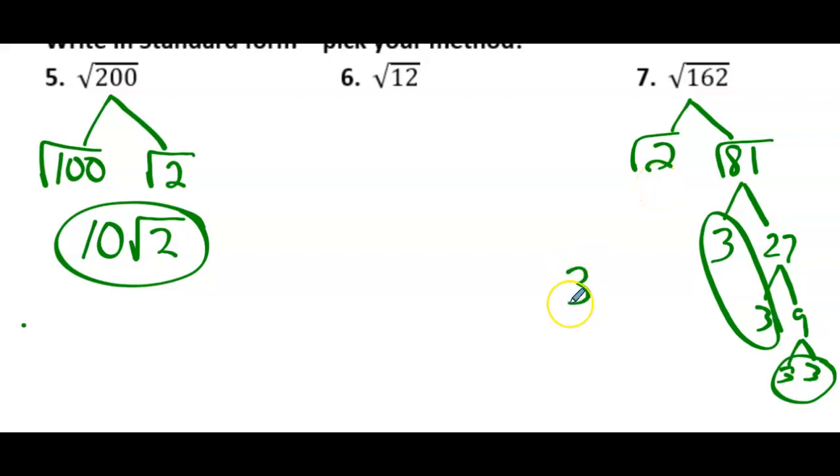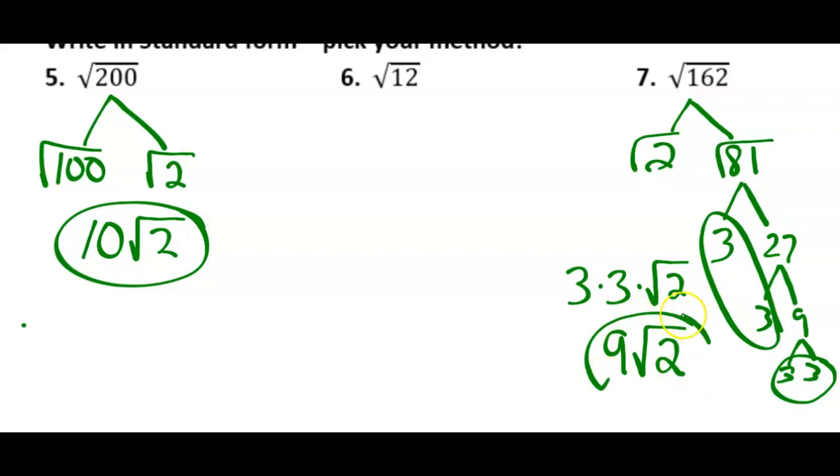So 3 can come out because of this, another 3 can come out because of this, and then I have my square root of 2 that's left underneath because there isn't a pair. Now I want to go one step further and simplify this, and I get 9 times the square root of 2, and that's my answer. We'll do 12 in class and go from there.